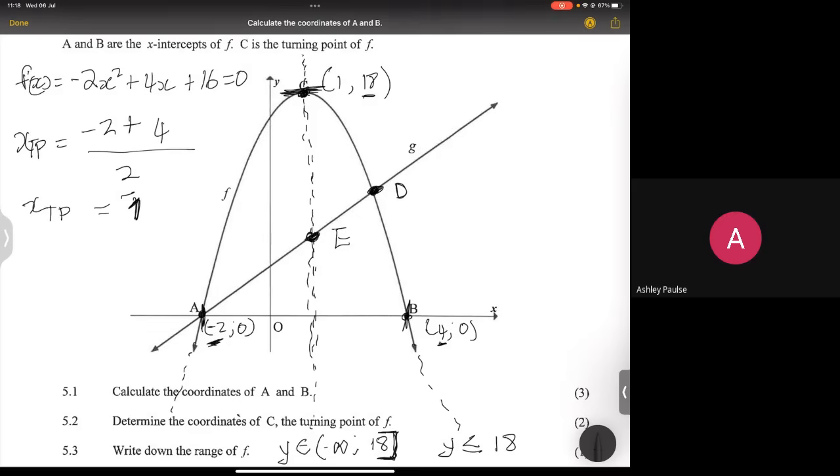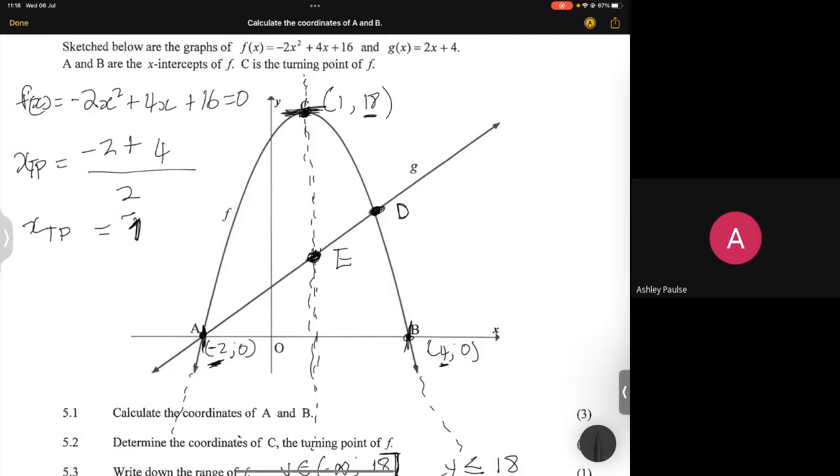So, do you agree with me, Ashley, that E would have a common x value with C? Yes, sir.